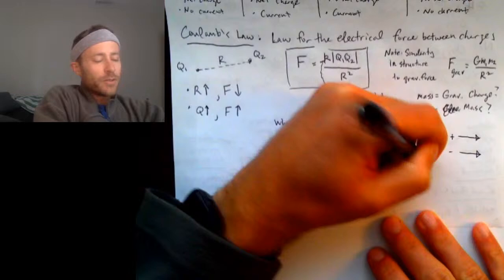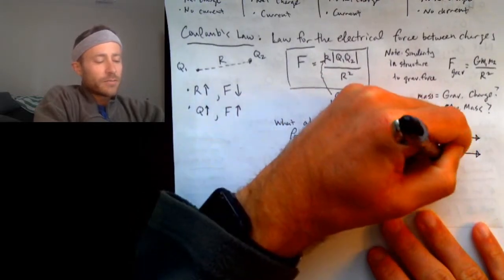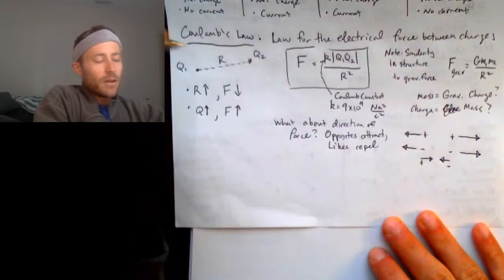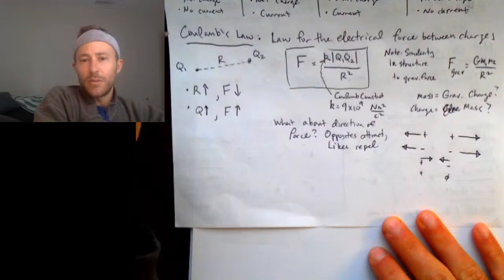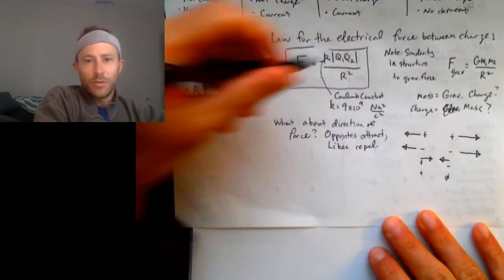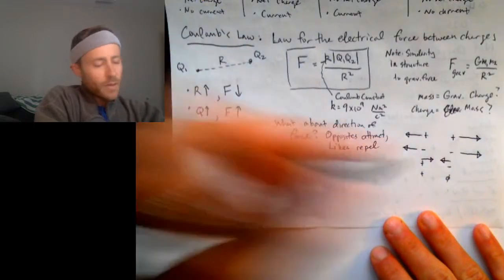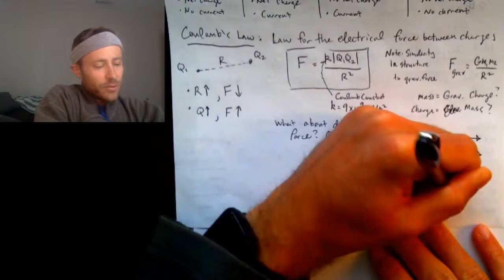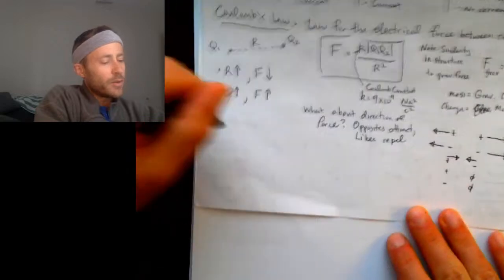If you have a positive next to a negative, they will attract. If you have a positive next to zero charge, nothing will happen, because if one of the charges is zero, you have zero multiplying the force, so you get zero force. If you have a negative next to a zero charge, nothing happens.